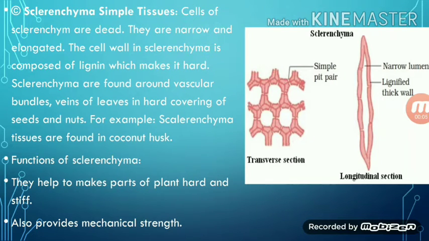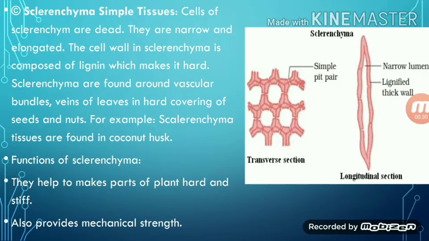So cells of sclerenchyma are dead. The cells of parenchyma and collenchyma are live, but the cells of sclerenchyma are dead. They are narrow and elongated in shape. Try to compare all these types of cells.